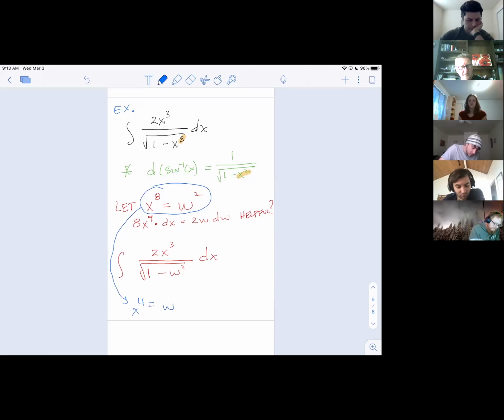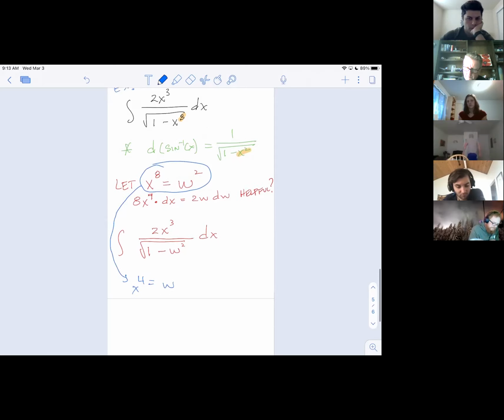Notice the derivative of this is going to be a lot more fruitful, because this would imply that 4x to the cubed dx is equal to dw. That's a switch between dx and dw. You agree with that?